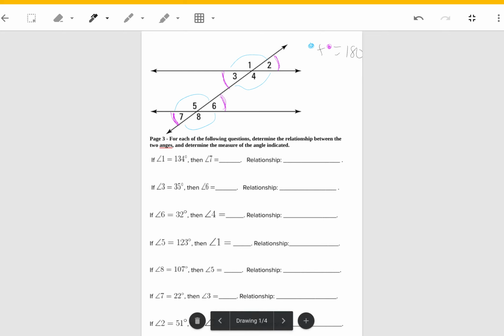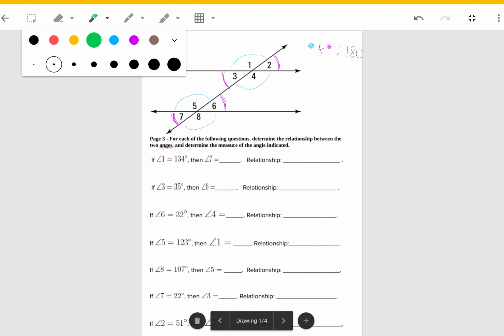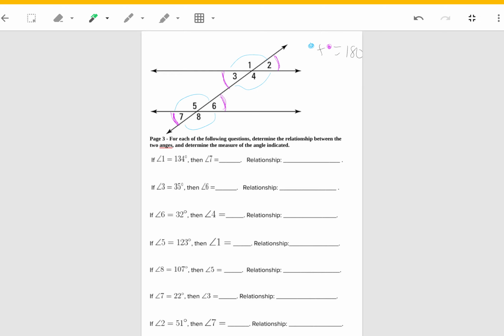So we don't really have to think much about this. We already know, based on that, all of the answers to the first parts of these questions. But we also need to know the relationship between the two angles. So looking here, 1 and 7 is going to be, they're on the exterior, and they are on the same side. That is same side, exterior.